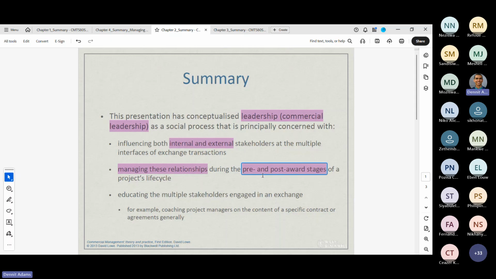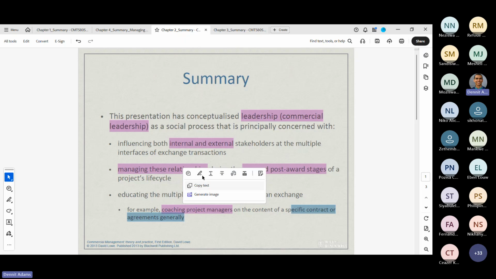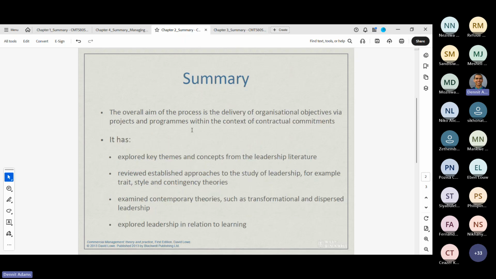This links to chapter 1 of the commercial management framework. Educating the multiple stakeholders engaged in exchange, for example, coaching project managers, specific contract or agreements generally. We spoke about the overall aim of the process being delivery of organizational objectives via projects and programs within your contractual commitments.